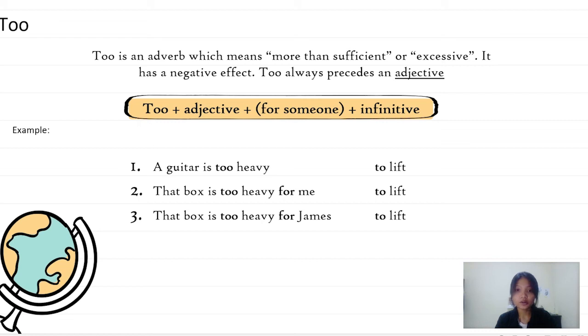So, the formula is too plus adjective plus for someone plus infinitive. For example, a guitar is too heavy to lift. That box is too heavy for me to lift. That box is too heavy for James to lift.